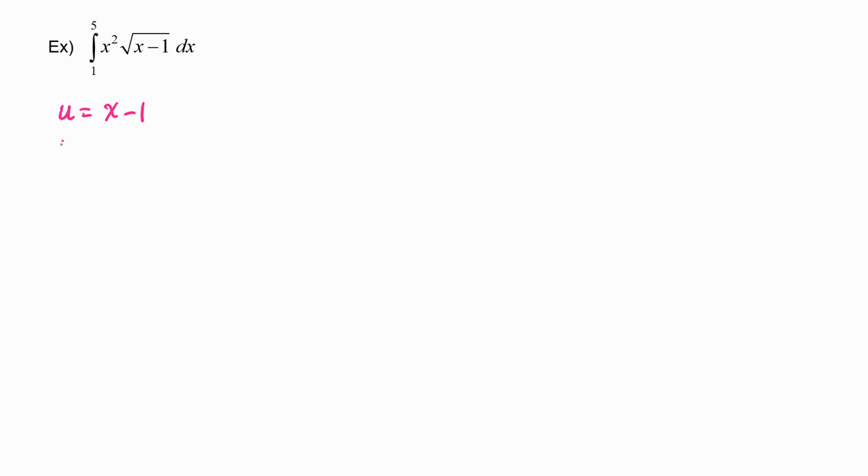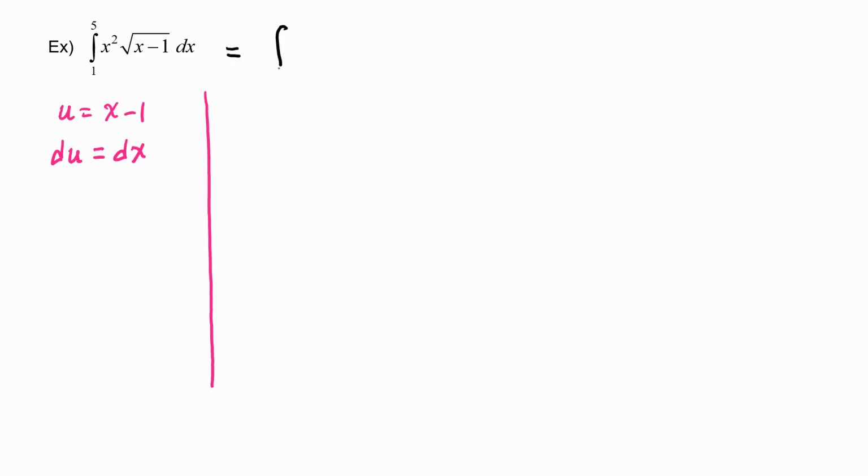Then we know that du is going to equal dx because the derivative of x is 1 and the derivative of 1 is 0. Now because our du is the same as dx, there's not a whole lot of manipulation of the integral that we have to do. So let's go ahead and start doing our substitutions.